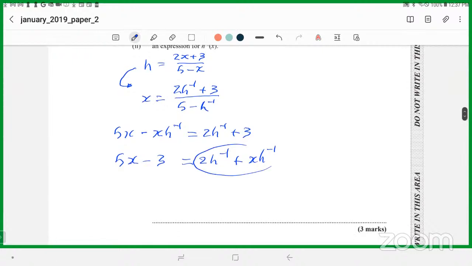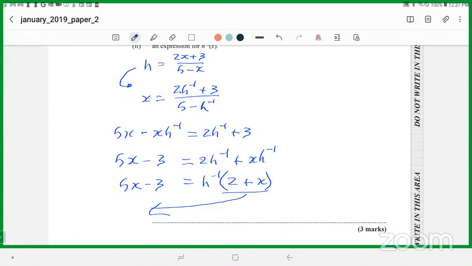Then we're consolidating on that side, trying to get the h to the minus 1 on that side. So I'm going to factorize the h to the minus 1 out of these two terms. So we're going to get h to the minus 1 times, out of this I'm getting a 2, out of this I'm getting a plus x. And then this remains 5x minus 3. Then now I can divide by this 2 plus x.